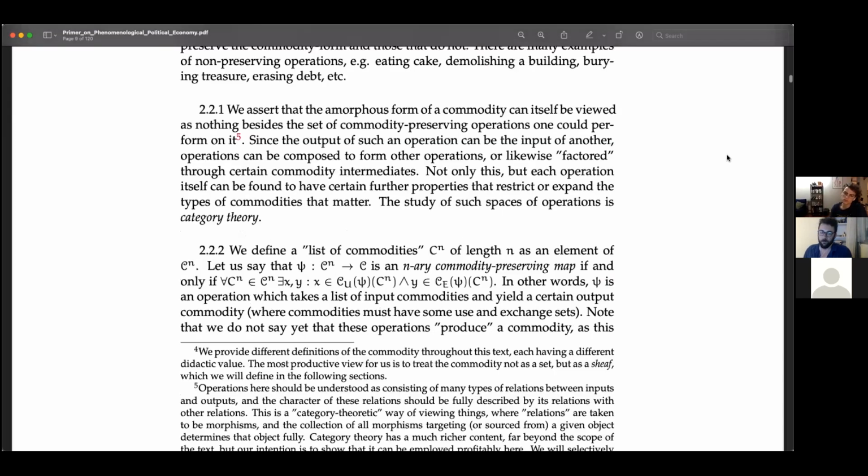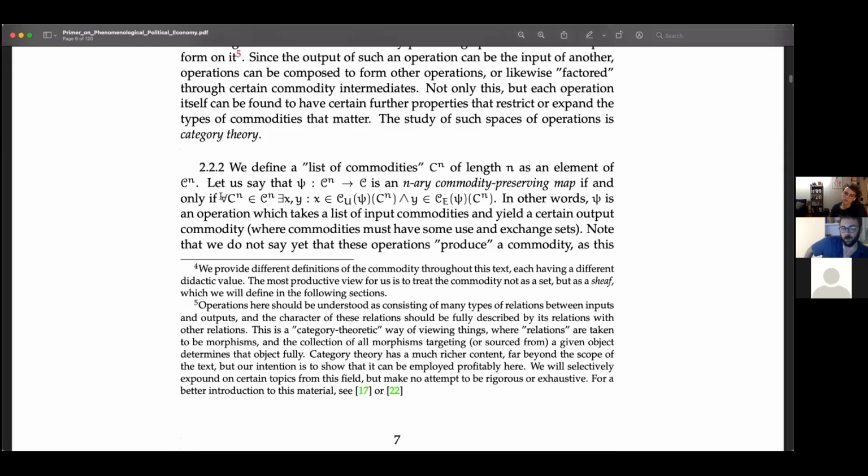Right. So it's not that we need to change. Actually, really, I think the main thing is changing this one. Yeah. Which is saying any commodity preserving map needs to have some elements in the exchange set and the use set, right? It's a very complicated line here, but it just means there is something in the use set and there is something in the exchange set of the target. Yeah, of this arrow.